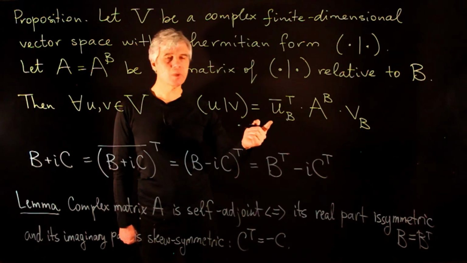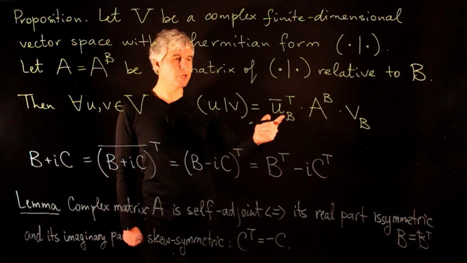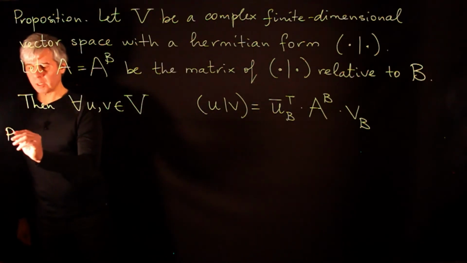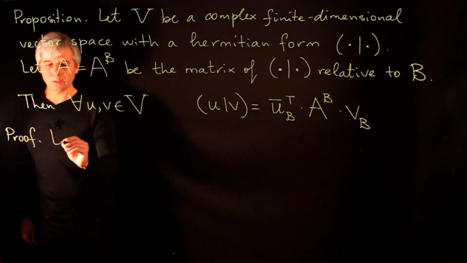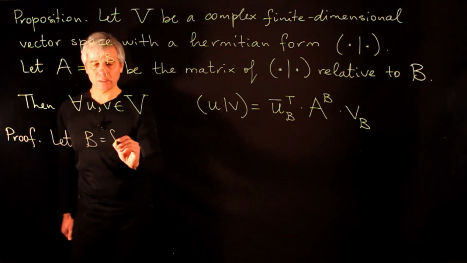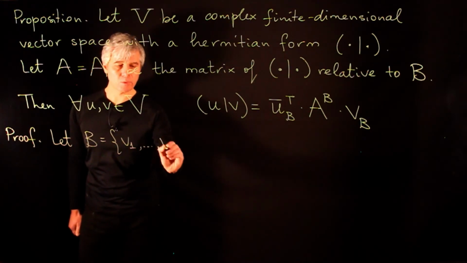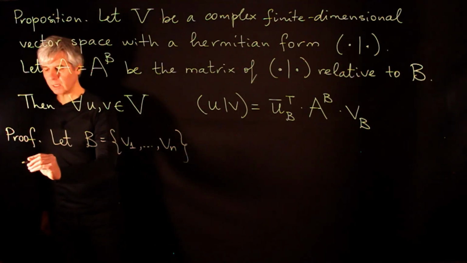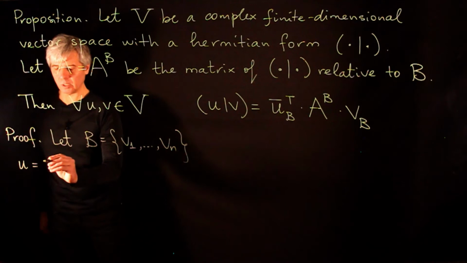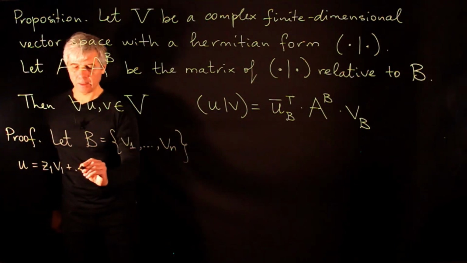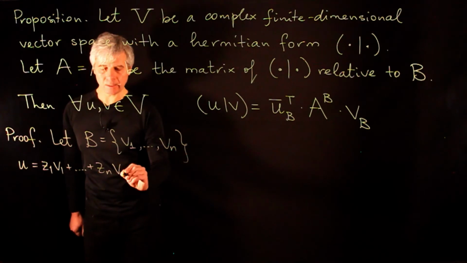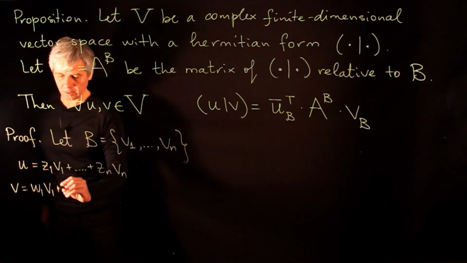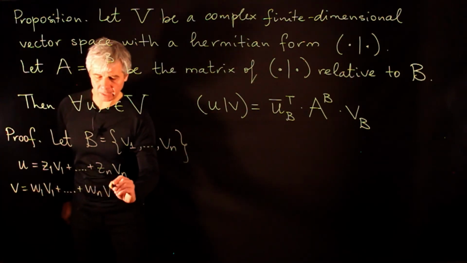If we compare this with the formula for the bilinear forms on the real space, then the only difference is the conjugation on the first factor. Let's give a proof of this proposition. So let our basis B consist of vectors v1 through vn, and let us expand vectors u and v relative to this basis. So u is z1 v1 plus ... plus zn vn, and v, let it be w1 v1 plus ... plus wn vn.